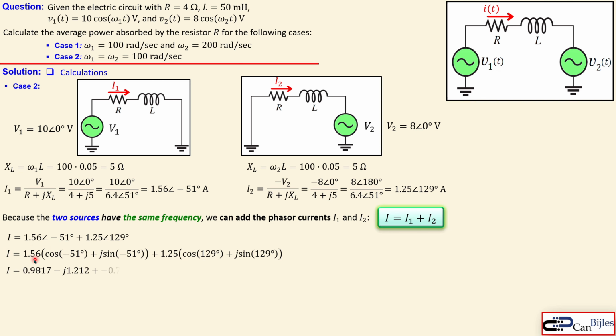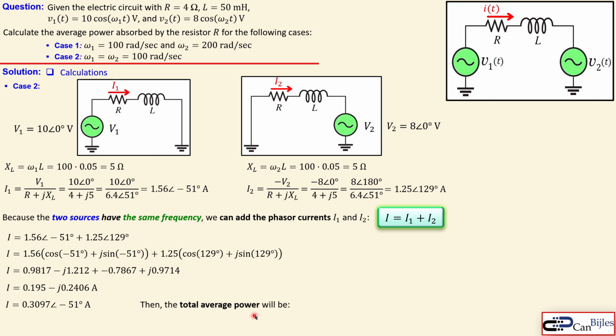Now we have it, you just calculate the real value and the imaginary value, that's this part. For these two, they come from this expression, and this expression will result in this. Now adding up the real values and the imaginary values, this is the final result, the subtotal in the rectangular form. Again, in order to do the calculations easily, we need to convert that to the polar representation, and that's shown here.